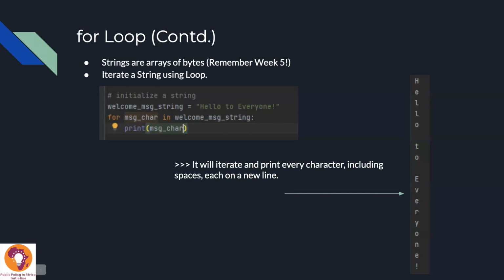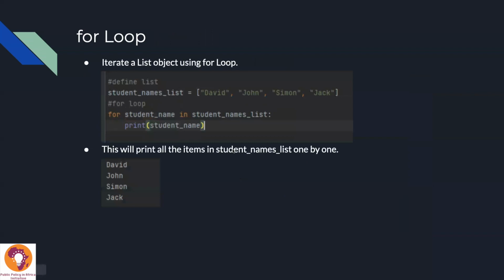So if you're referring to the list of names that I had previously given, yeah, these do need to be defined already before we do the iteration over that list. So we had to define student names list first and give it some number of elements here, and then we iterate over that loop. So that each iteration of the loop, we grab student name: David in the first iteration, John in the second, Simon in the third, and Jack in the fourth.